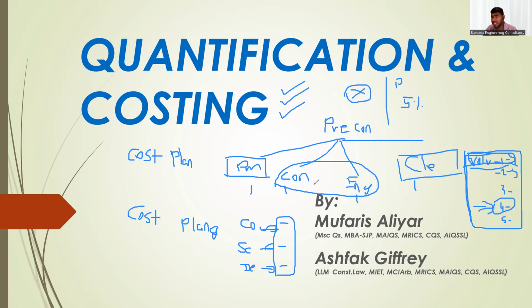But the client QS should consider all the costs of the project, because for the construction of a building, not only the construction cost is there. There are several costs: construction cost, consultancy fees, third party fees, authority fees, specialist consultancy fees, legal fees. Sometimes there is the interest.